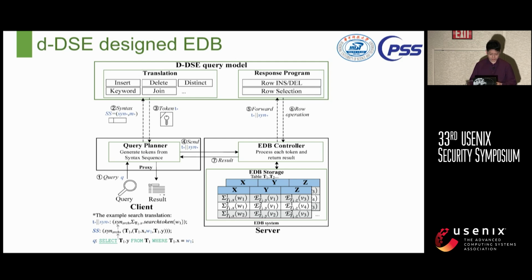The architecture contains four components: the query planner, translation, the EDB controller, and the response program. The query planner will forward the DSE token to the EDB controller, and the d-DSE query model will translate the client's queries into the d-DSE search protocol, and the response program will reply to the search protocol operations.